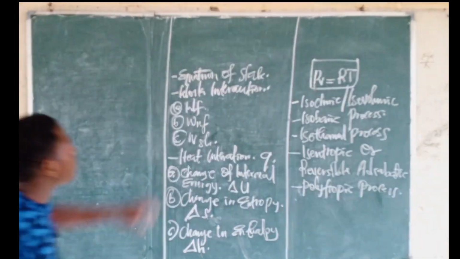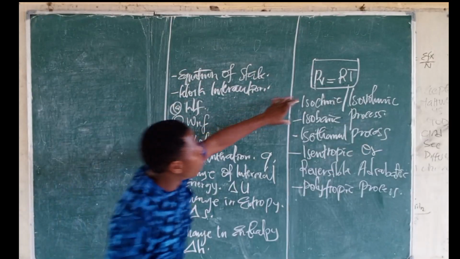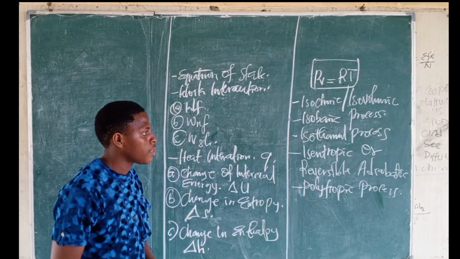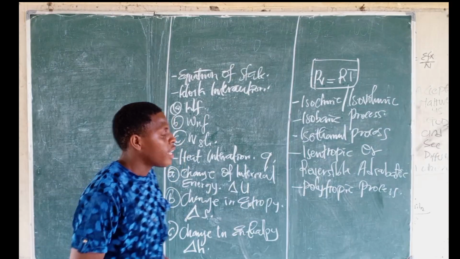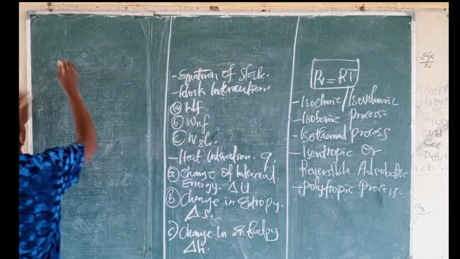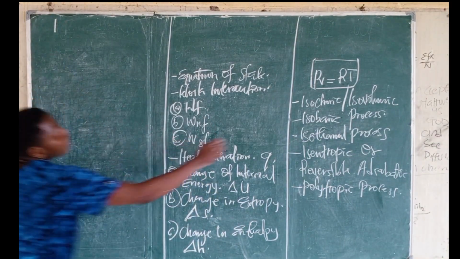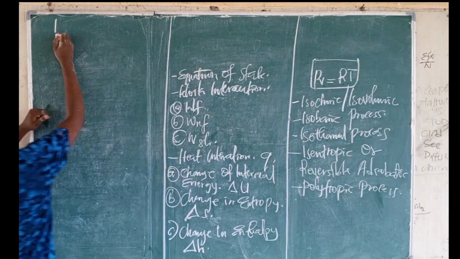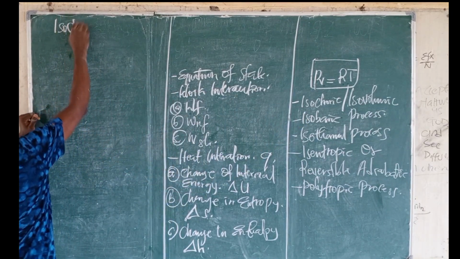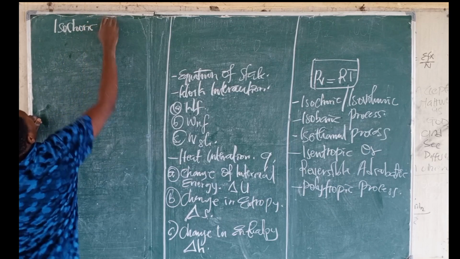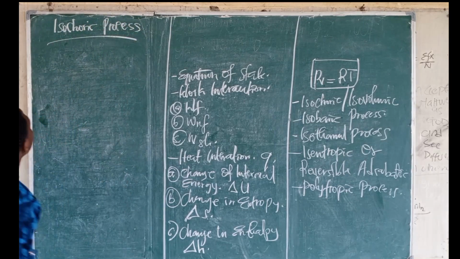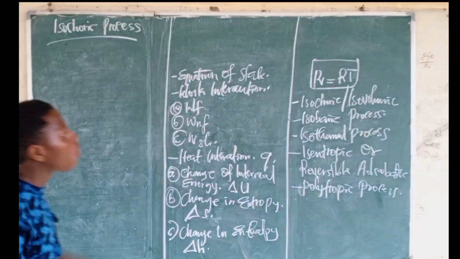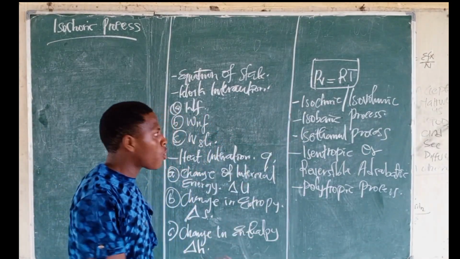Now, let's get the equation of state for these processes. The first one you can take down is the isochoric process.